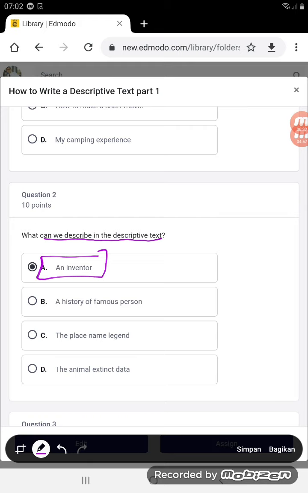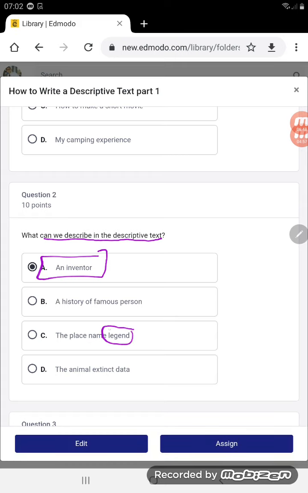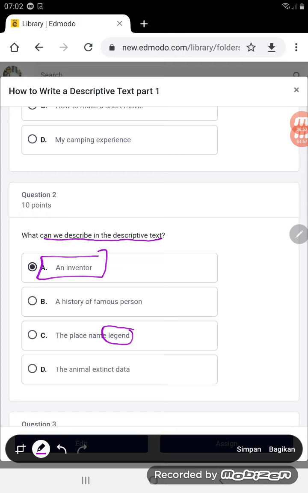How about B, the history? No, history cannot be described, but told. C, the place name legend. A legend is the story of a place name, for example the history of Tangkuban Perahu. And D, the animal's extinct data.